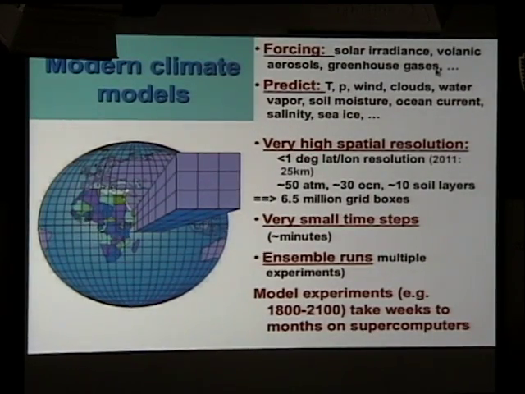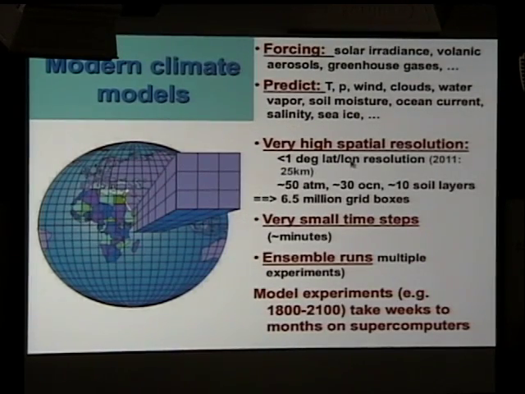We specify the composition of the atmosphere. Then we predict the state variables: temperature, pressure, wind, cloud cover, cloud height, the 3D distribution of cloud cover, and water vapor. We also predict liquid water in the atmosphere, soil moisture, et cetera. So we predict the entire climate system at very high resolution.